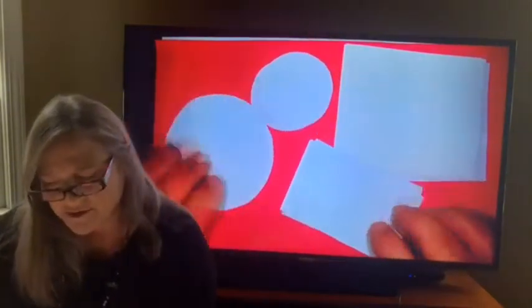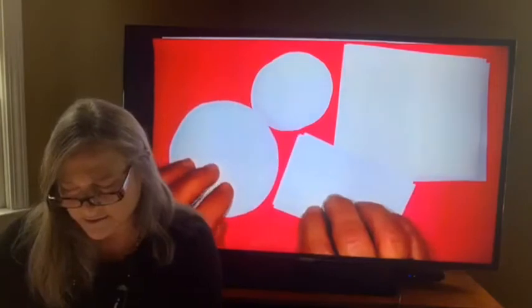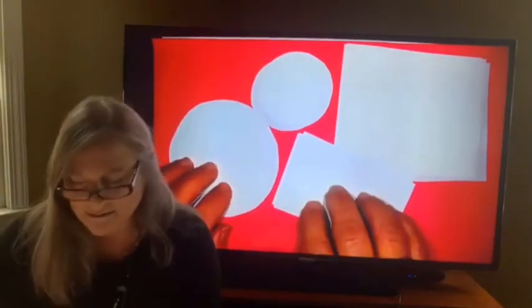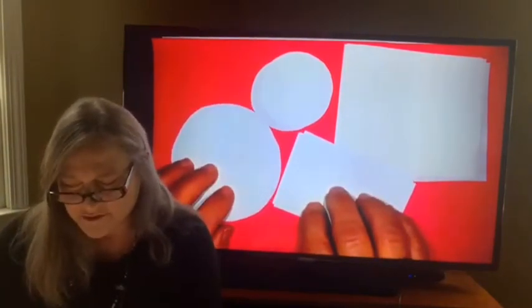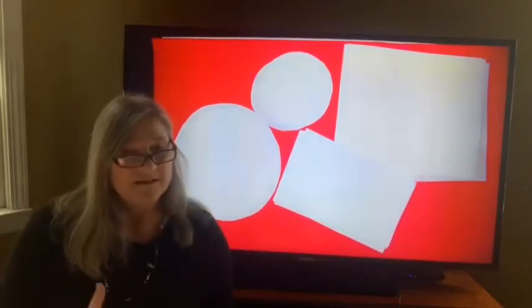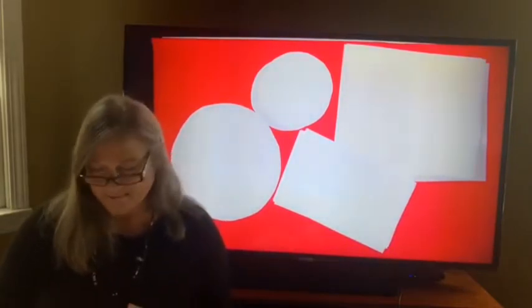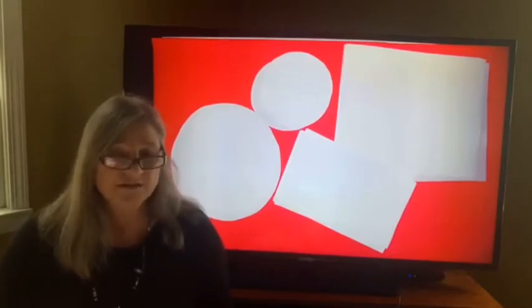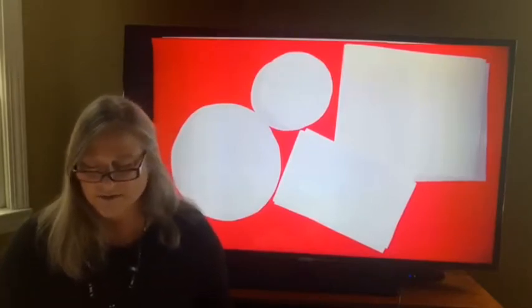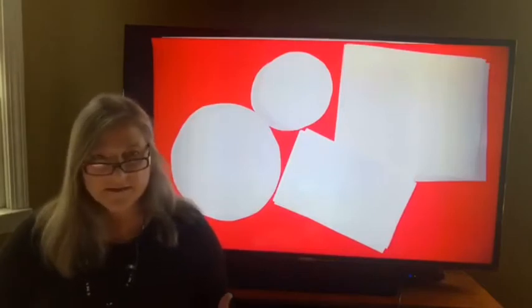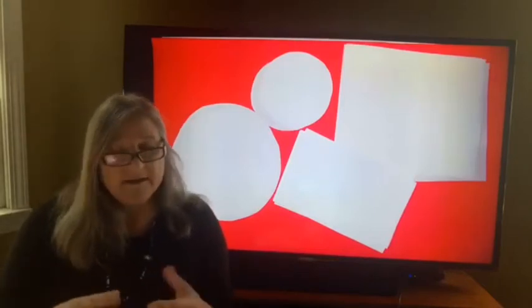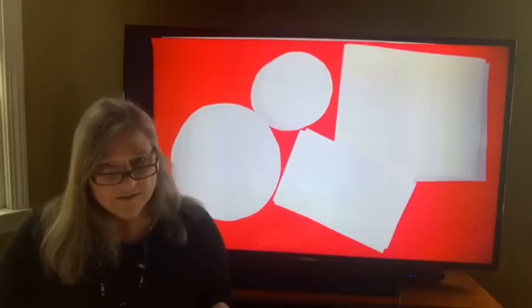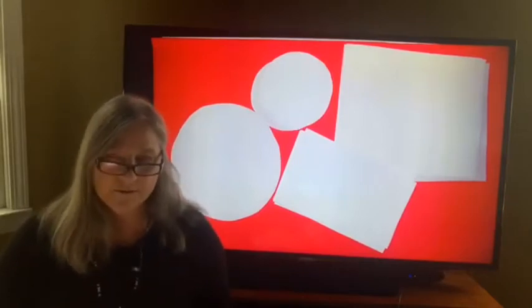Ask your child if they would like to find some circles and some things that have square sides and circle sides in the house. That's a good activity for your child to do. Go around the house, find some things that they can trace, and then cut them out themselves. They're the mathematicians. Let them do that work.